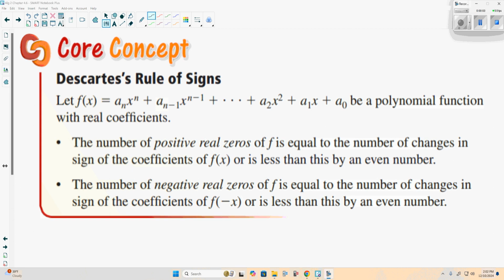All right, guys. So the last thing we're covering in this chapter is Descartes' rule of signs. You're going to have to turn a few pages. We are skipping a few problems, but Descartes' rule of signs is the last thing we're covering in chapter 4.